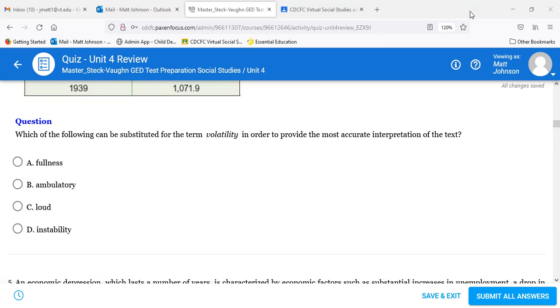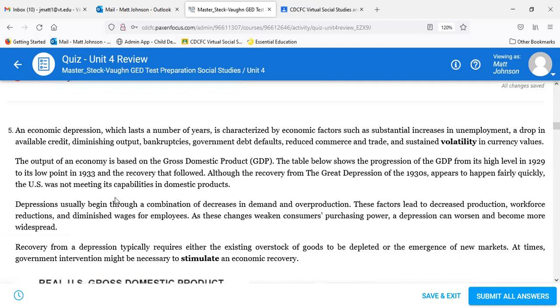C, loud. D, instability. D? Yeah, instability, right? Thinking in terms of context clues we talked about in language arts, you can use that, but volatility basically means instability. If you think of something being volatile, it's a negative term. So 4 is D as in dog.